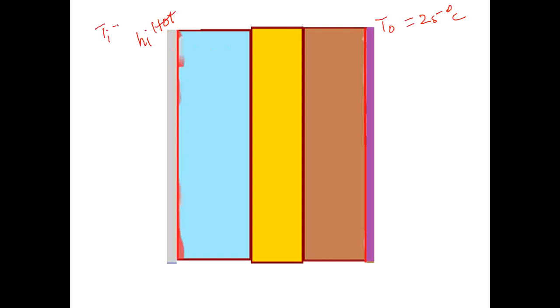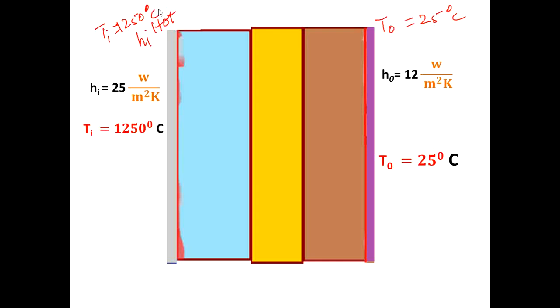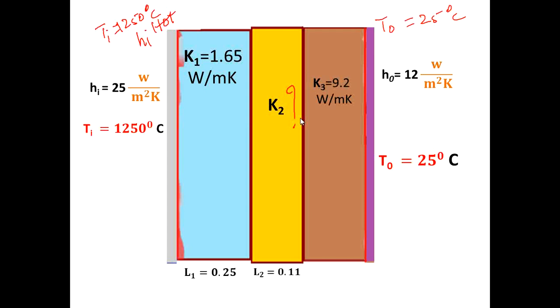This Ti is 1250 degrees Celsius. HI you know, H0 you know, all the things are given. K1 is given, K2 is not given, that you want to find. And then K3 is given, L1, L2, L3. All these things are converted into meters.